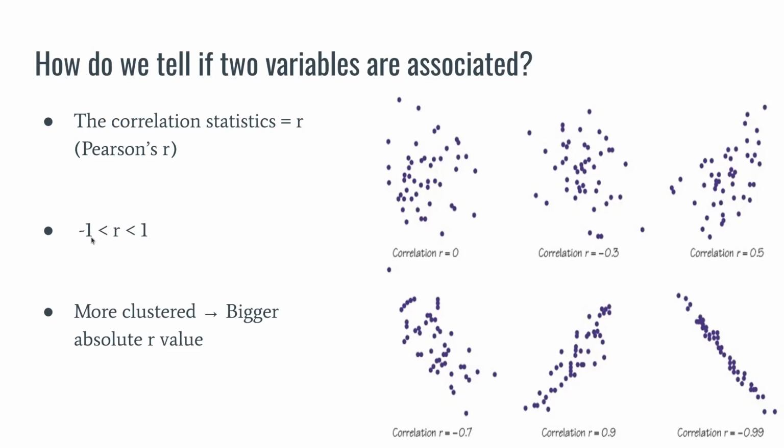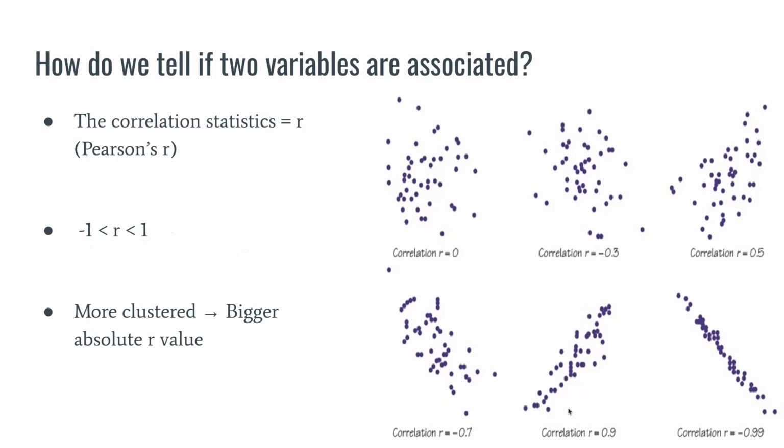So negative means there's a negative relationship. Positive means there's a positive relationship. The closer the value is to -1 or 1, the stronger the relationship is.